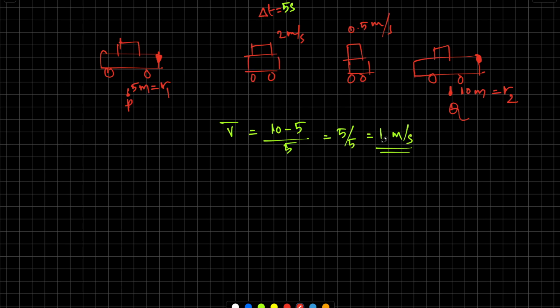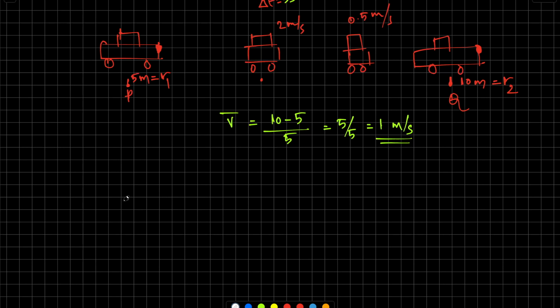But from this value, we can't really say what exactly the velocity of the car is at a particular time, right? It's just an average. The velocity at a particular instant, we can call it instantaneous velocity.